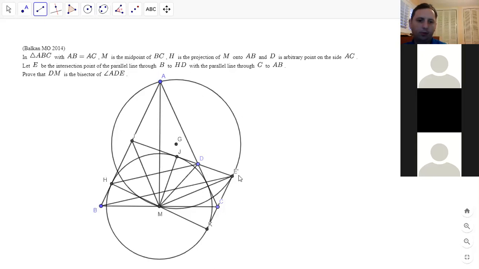So basically we want to show triangle MIH is similar to E prime MK.